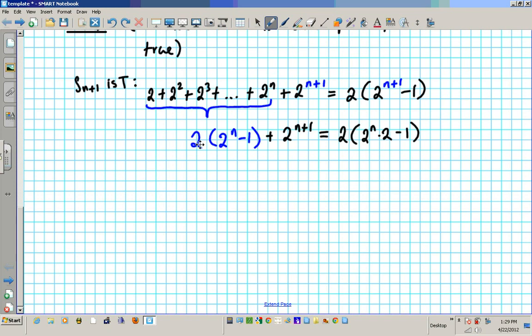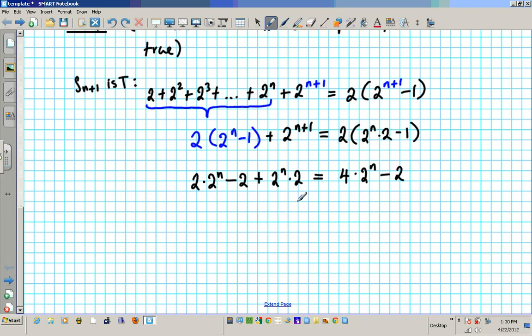Alright, so in this case, I'm going to distribute this 2 to both terms. So I'm going to have 2 times 2 to the n minus 2 plus 2 to the n times 2 equals, now I can distribute this 2. It's going to become 4 times 2 to the n, because I multiply this 2 by that 2, and I use the commutative property of multiplication to switch it around, minus 2. Okay?